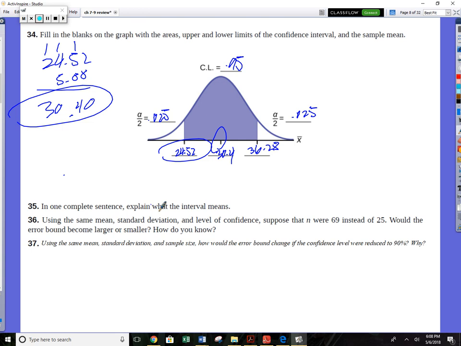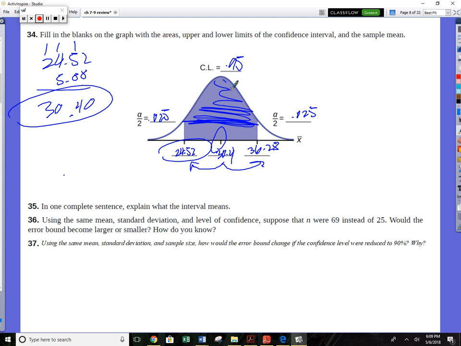There we go. So your margin of error is 5.88. That means 5.88 this way, 5.88 this way. Okay, so I think we've done 35. Explain what the interval means. The interval means this. So this range contains, we're 95% sure that it contains the true population mean of the age of those students.